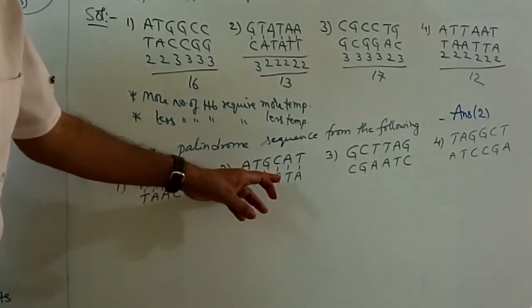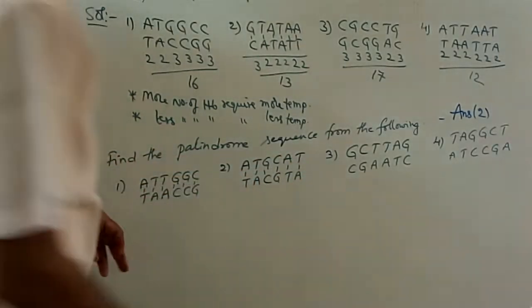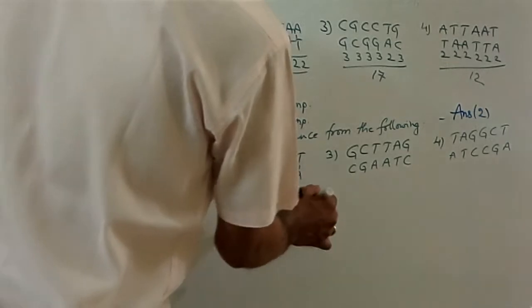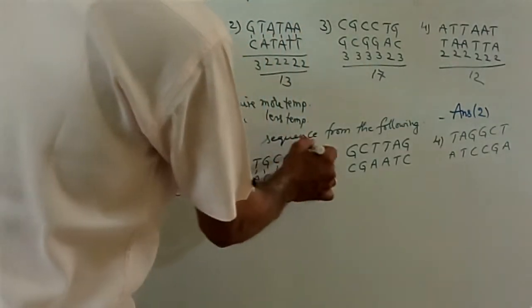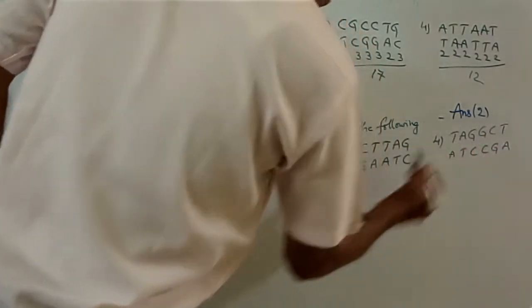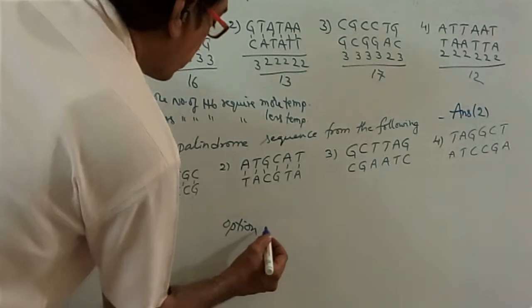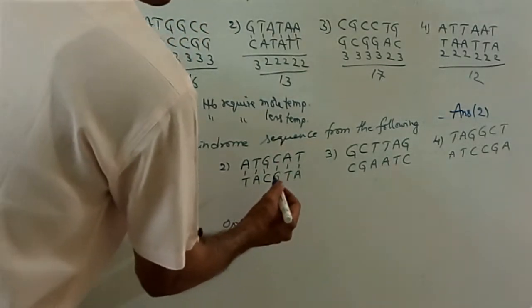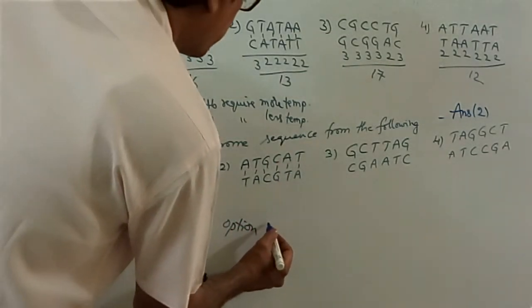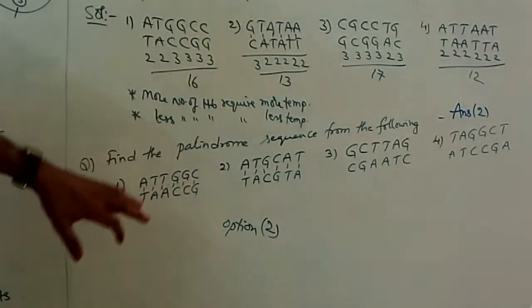A, T, G, G, C, A, T, G, C, A, T, A, T, G, C, A, T. Find the palindrome sequence from the following. T, A, G, G, C, T, T, A, G. So, which one is the correct answer? That is option 2. Okay. Please note down all these points, my dear students.